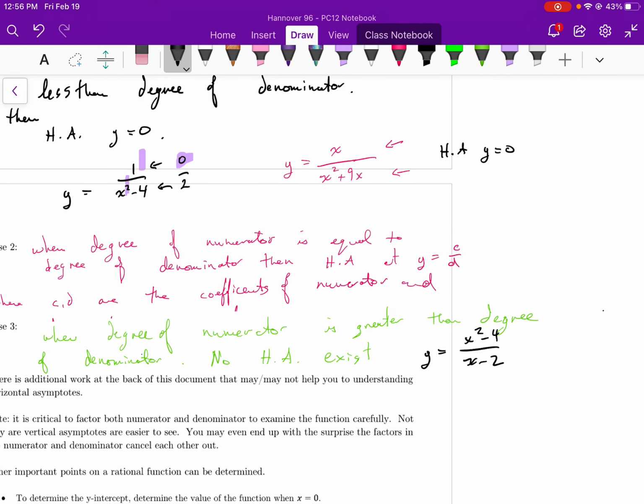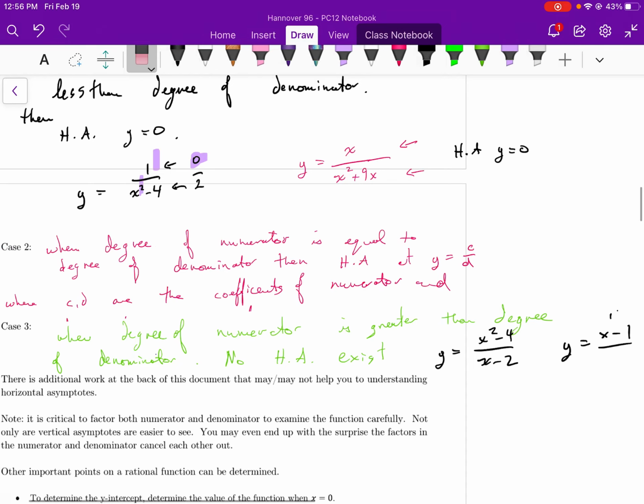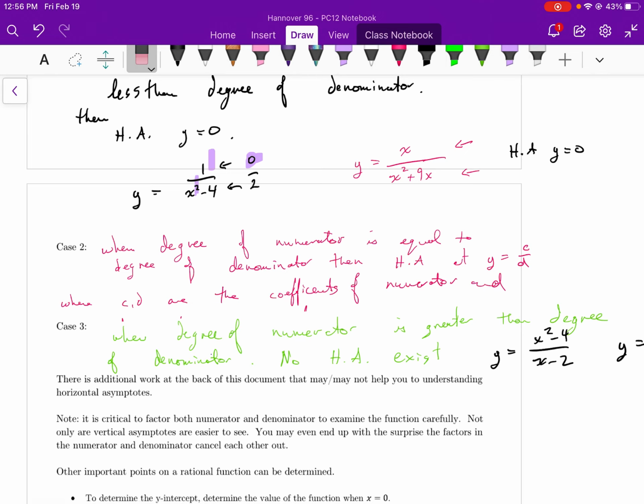The degree of the numerator is 2, the degree of the denominator is 1. Also, sometimes people think that this can be interpreted as a rational function, because the degree of the numerator is 1 and the degree of the denominator is 0, although we just write it as x minus 1. So it doesn't have a horizontal asymptote.